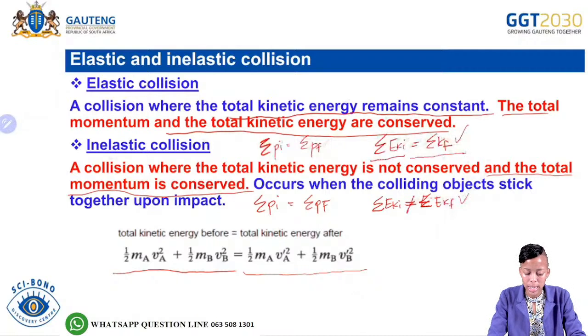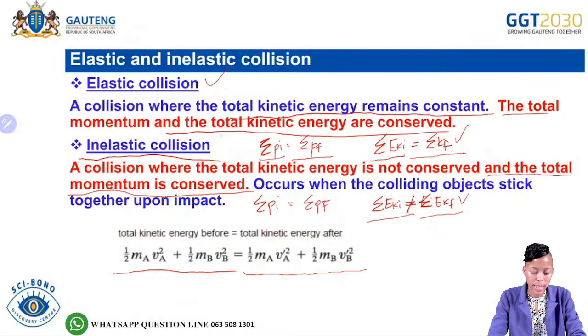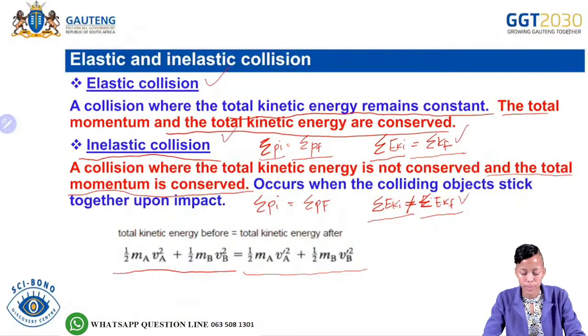But for an inelastic collision, the sum of the kinetic energy before the collision is not equal to the sum of the kinetic energy after the collision. And what is the same between these two? The sum of the momentum before the collision is equal to the sum of the momentum after the collision for both elastic and inelastic collisions.